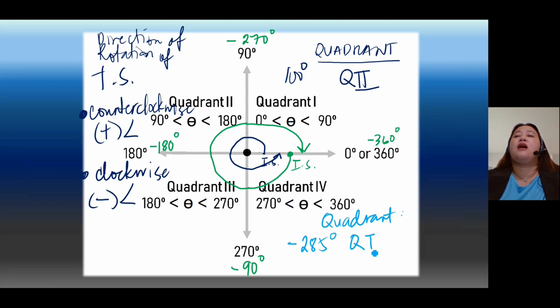Why? Because negative 285 degrees is between negative 270 and negative 360 degrees. If you will be asked in which quadrant can you find negative 200, negative 200 is in quadrant 2 because it is between negative 180 degrees and negative 270 degrees.